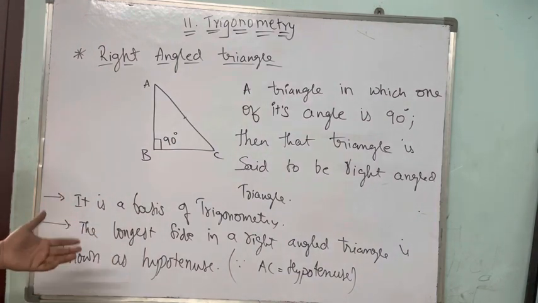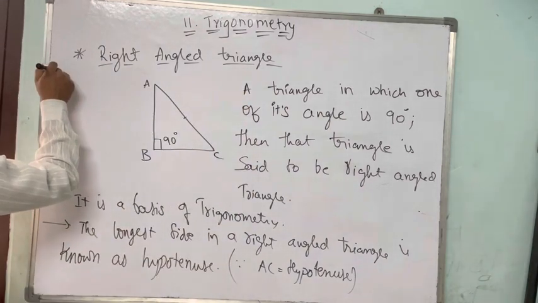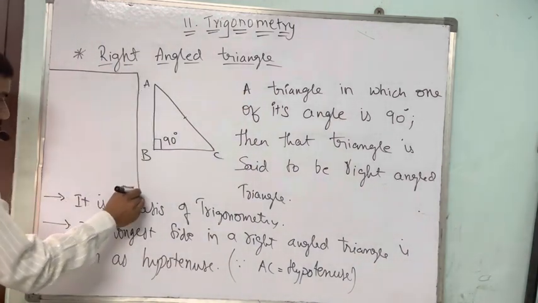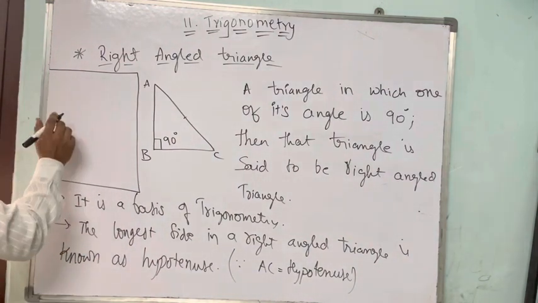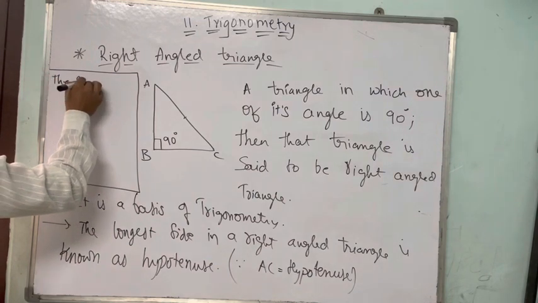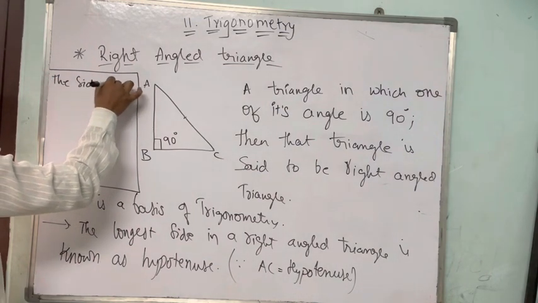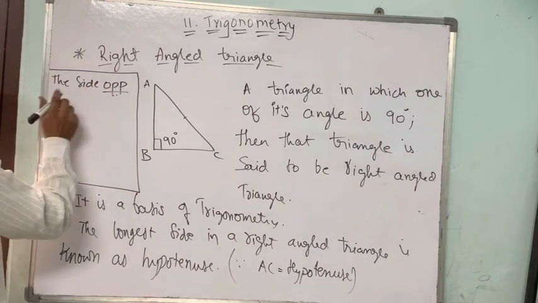One more way, let us write down here. This is one way of defining. One more way, I am writing as an alternative.